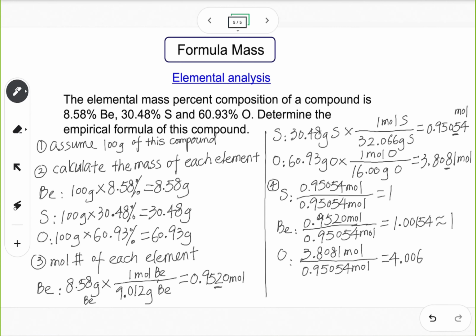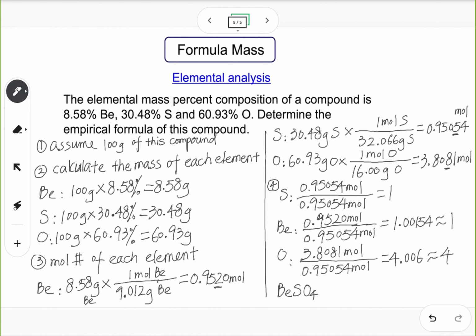And since this number is very close to 4, and we should keep an integer, we drop the tail behind the decimal point, so that would be 4. All right, now we got the molar ratio 1:1:4, and so it looks like this is going to be BeSO4. And if you are familiar with the cations and the polyatomic ions, this actually would be beryllium sulfate.